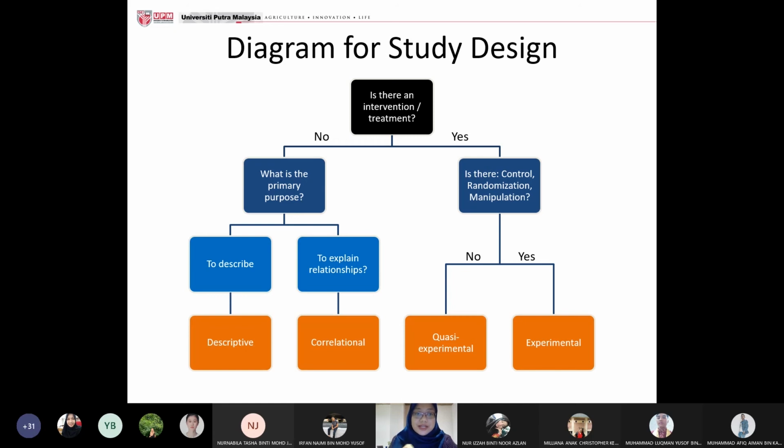So that would fall either under describing or explaining relationships, okay. If you want to describe, then you'll do descriptive research, or if you try to explain some relationship, then you're doing correlational study. Each one of these has its own way to analyze.